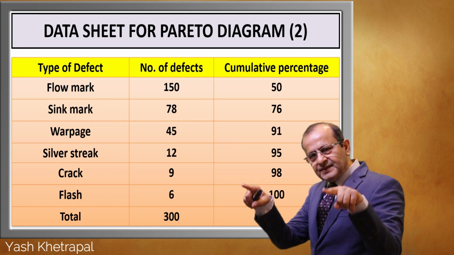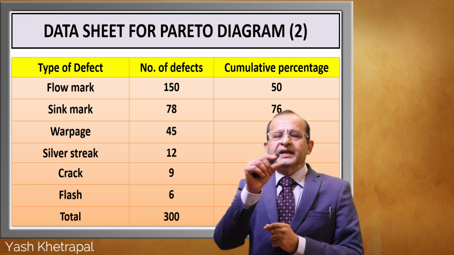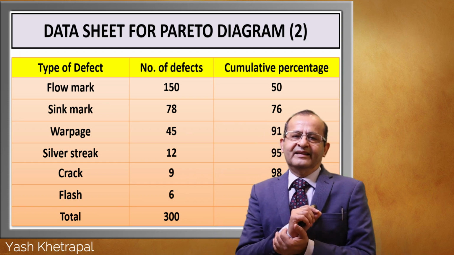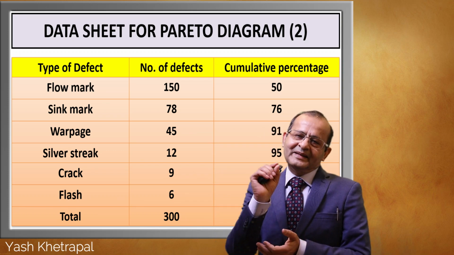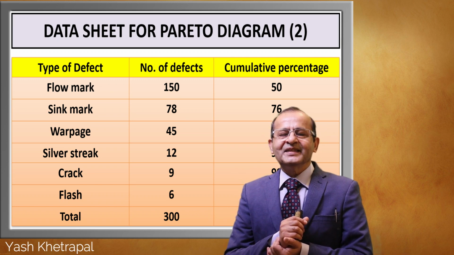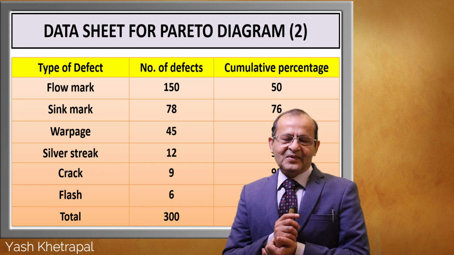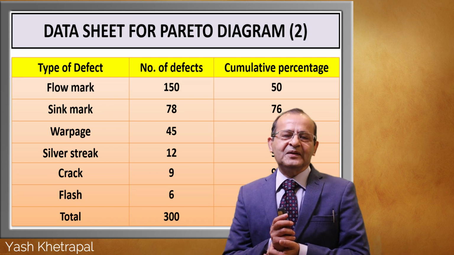Now we select this whole table and go to the ribbon command, Insert. Once I click Insert, many options appear, and from there I choose Column, and from columns I take 2D column.